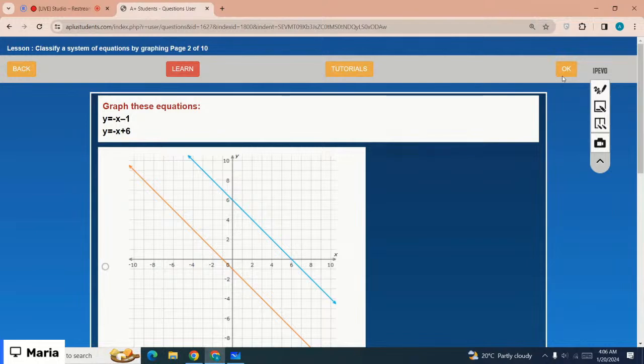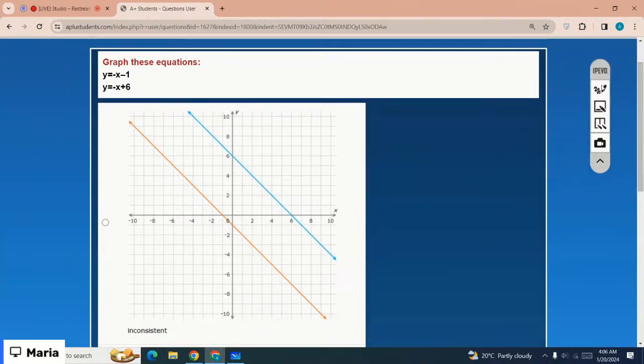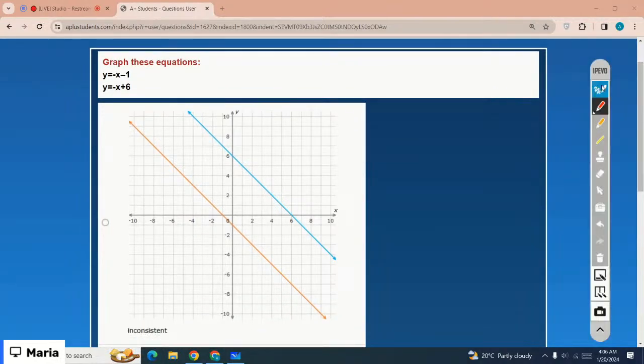The next one is y equals negative x minus 1 and y equals negative x plus 6. Look for just two things, slope and the y-intercept, and you can identify which is the correct option. For the first equation, the slope equals negative 1 and the y-intercept is 0, negative 1. That means the graph touches the y-axis at negative 1. Here the graph is touching the y-axis at negative 1.